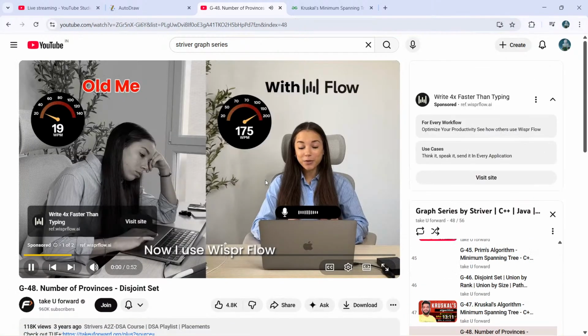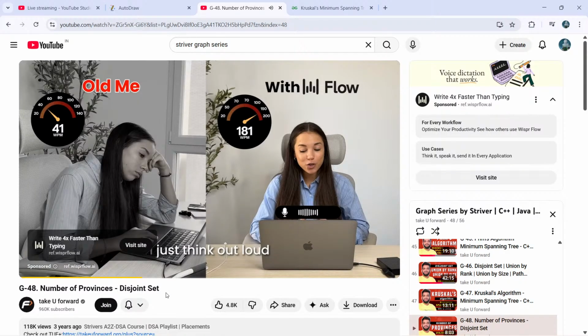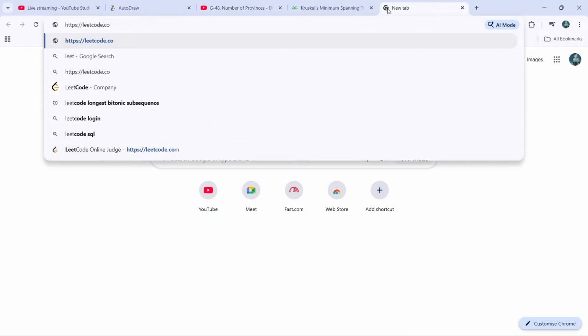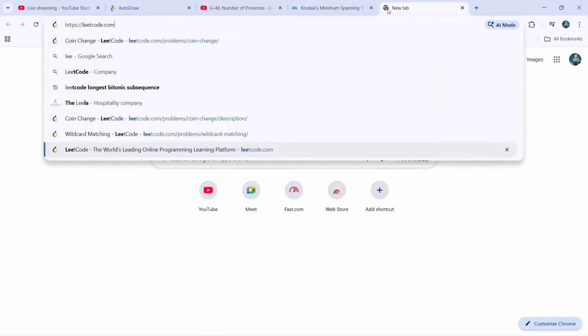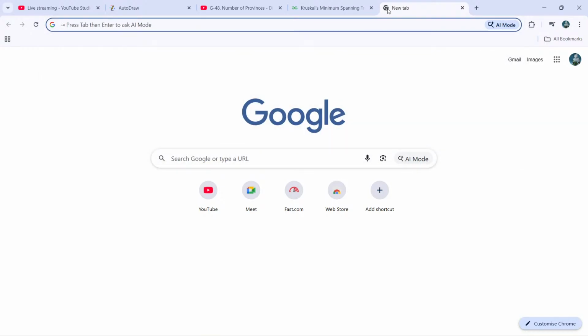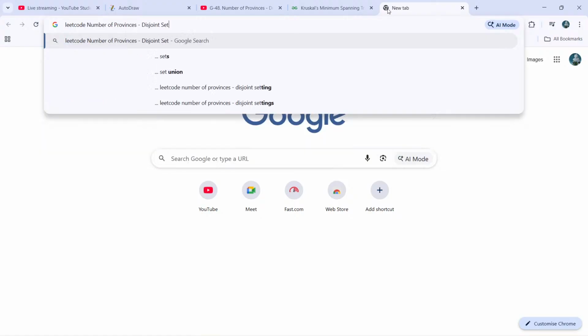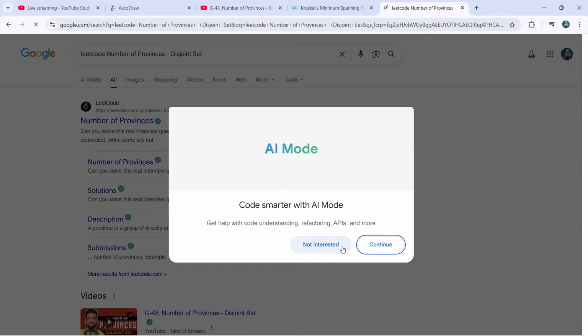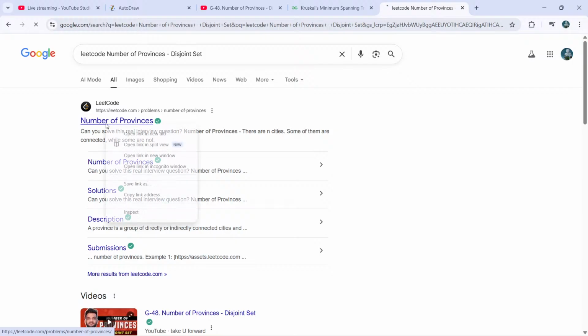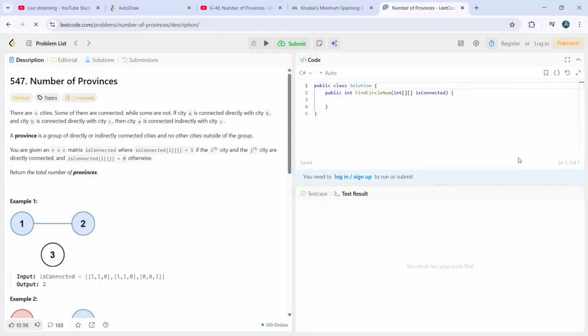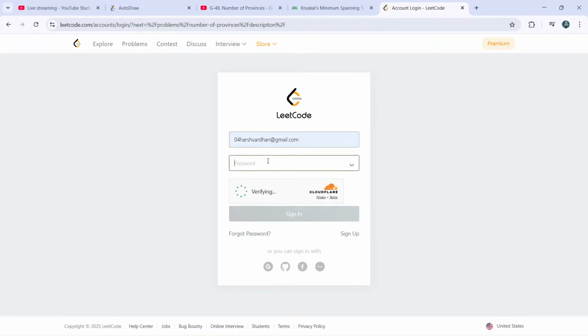Number of provinces. Let's solve one problem. Record, number of provinces, disjoint set. I think this problem I have already solved. I need to log in.